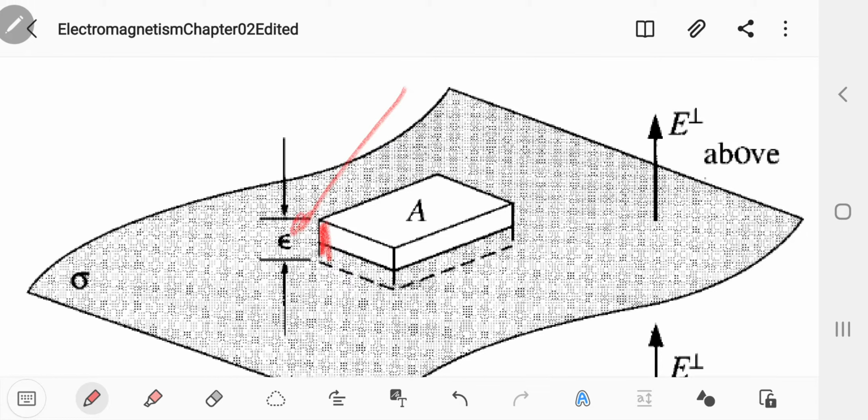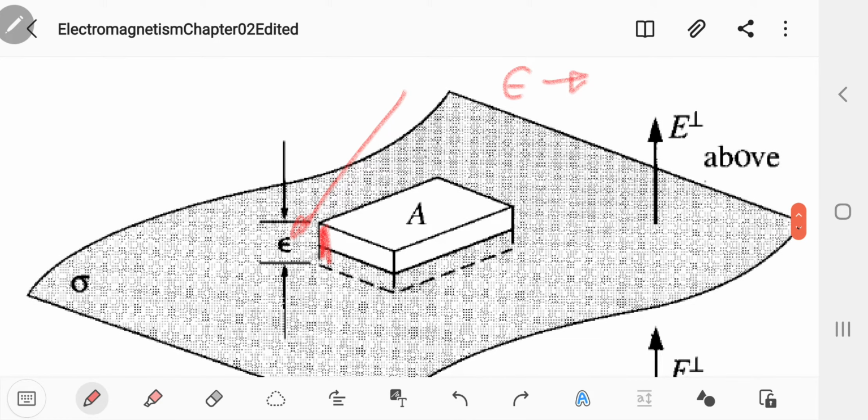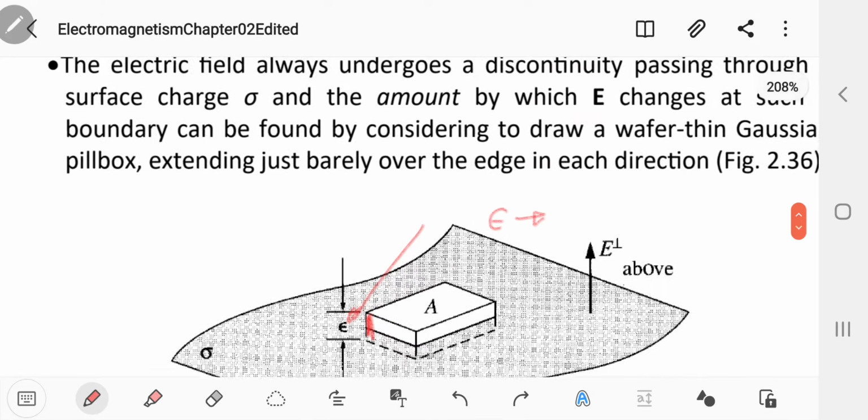And when you talk about boundary condition, you let this epsilon go to 0, so that the Gaussian surface will just lie at the boundary, and then you can get the discontinuity of the two electric fields, the electric field below and the electric field above. So let's see.